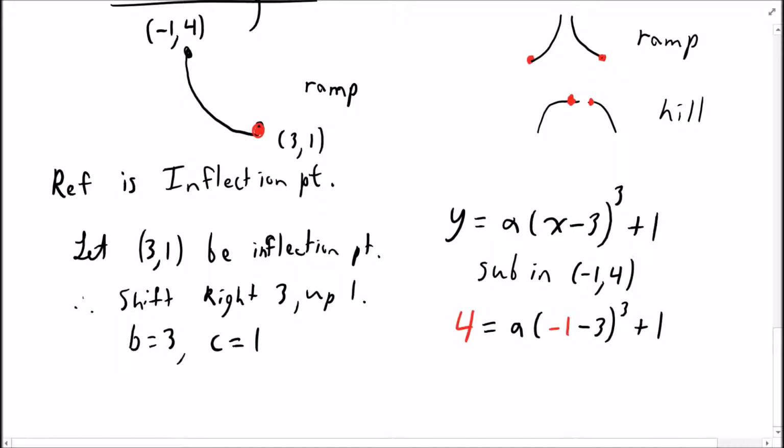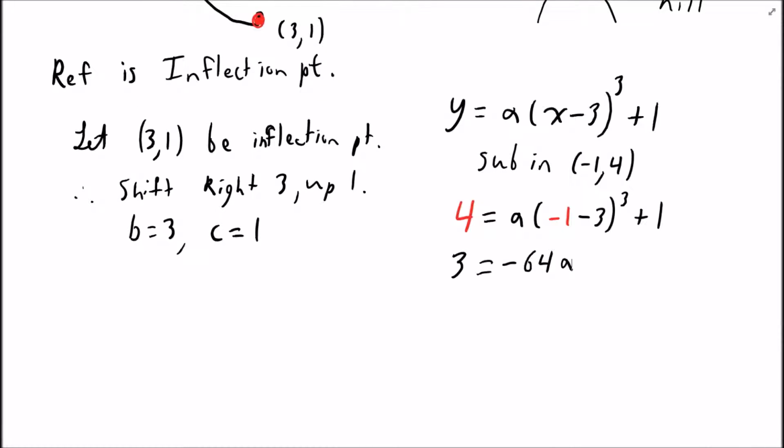So the first thing I would do is minus that 1 to the left hand side, so I get 3 equals negative 1 minus 3 is negative 4. Negative 4 cubed, remember if I cube a negative it stays negative, so it is negative 64a. And if I divide both sides by negative 64, we get negative 3 over 64 is equal to a.